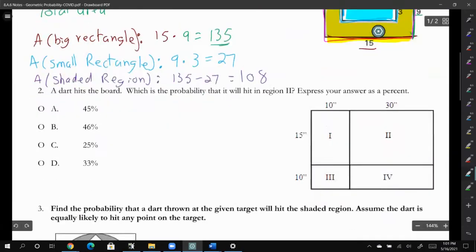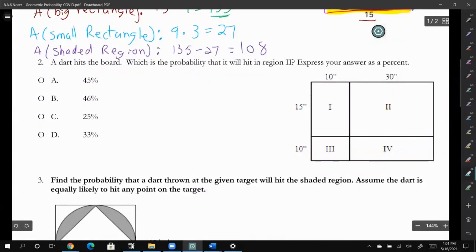So let's look at number 2. A dart hits the board. What is the probability that it will hit region 2? So let's find region number 2. That's right here. So I want to know the probability that I'll hit this region. Well, what is the area of region 2?